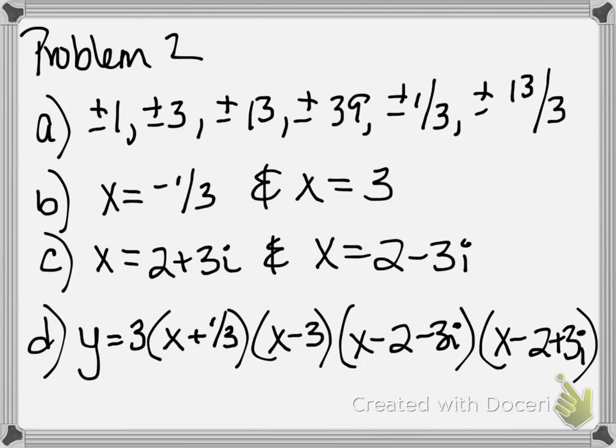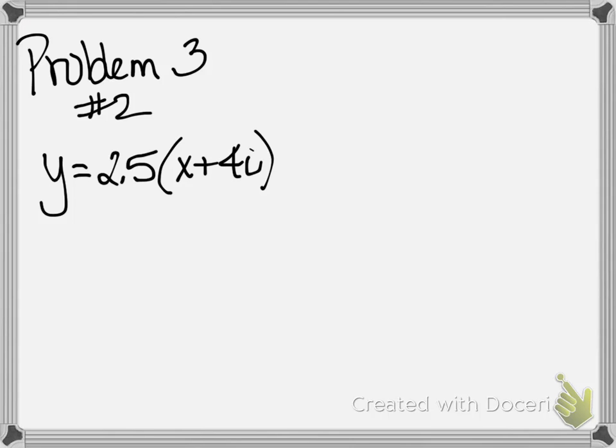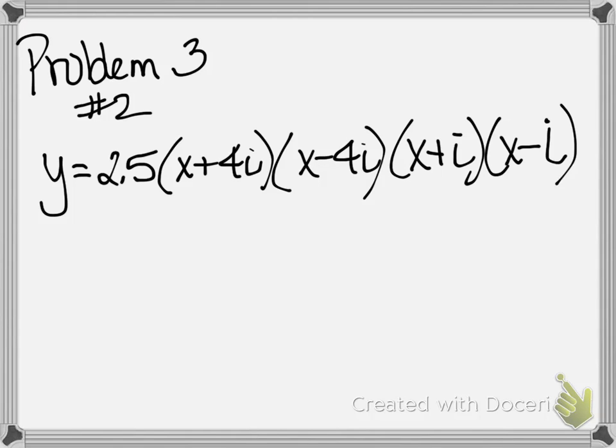And problem 3, number 2, your factored form should be 2.5 times x plus 4i, x minus 4i, x plus i, and x minus i.